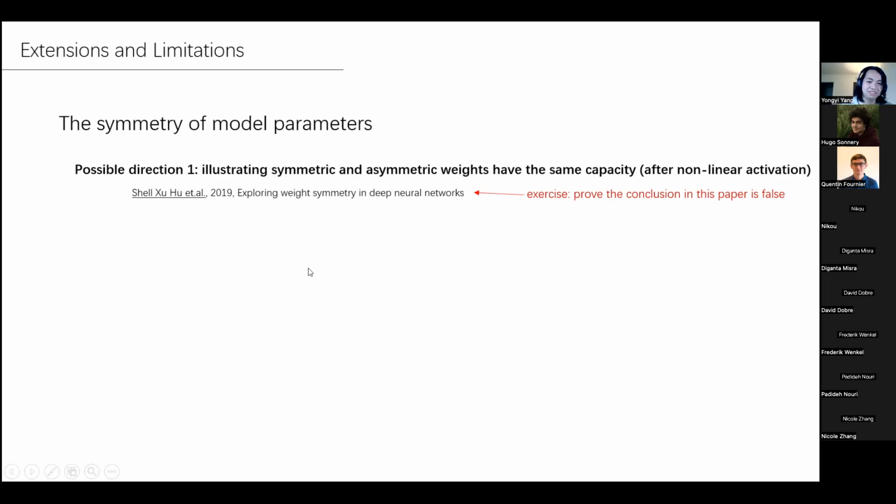So it is still an open problem whether symmetric and asymmetric weights can have the same capacity, maybe after a specific nonlinear activation. So that is one possible direction. Although this paper exists, it is not enough for illustrating our purpose, so it is still an open problem.